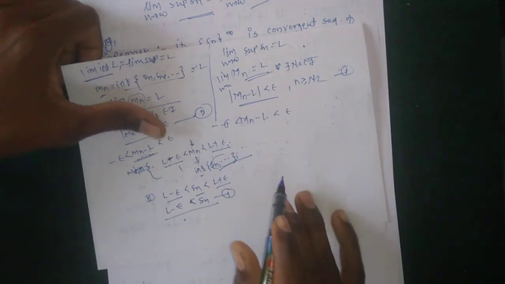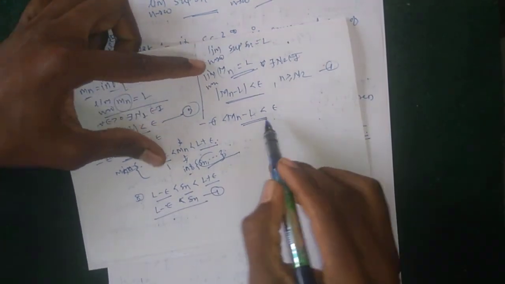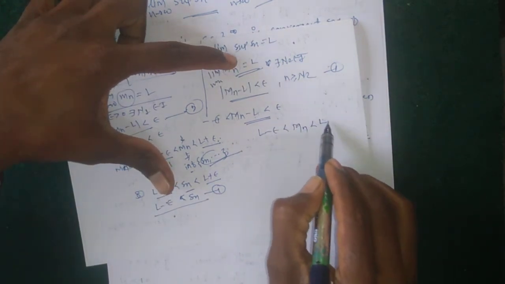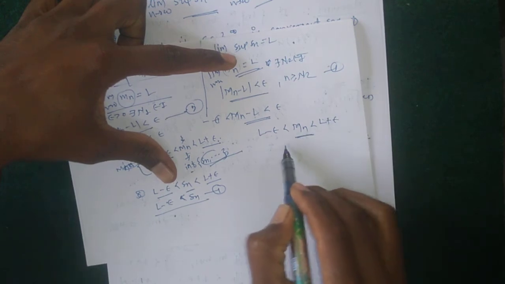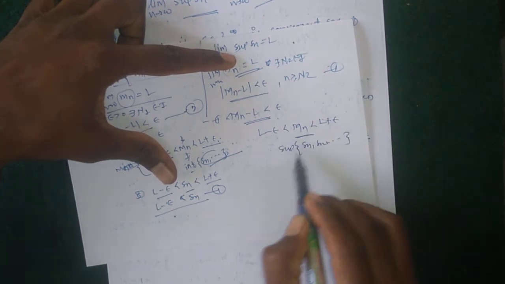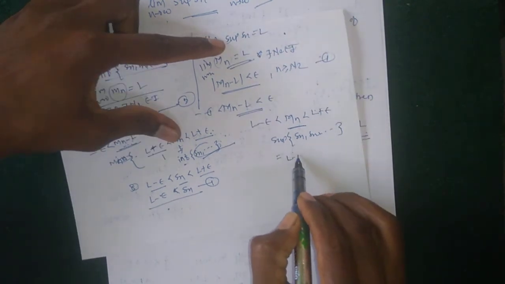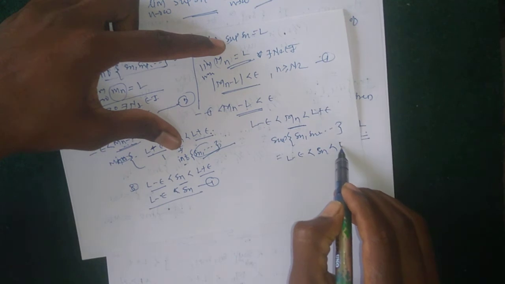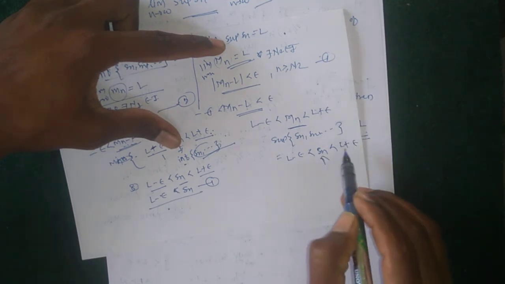Call this equation number 1. Also L minus epsilon is less than capital Mn, which is less than L plus epsilon, and Mn is the supremum of Sn+1 and so on. Therefore L minus epsilon must be less than Sn, which is less than L plus epsilon, because Sn is one of the terms of the given sequence.